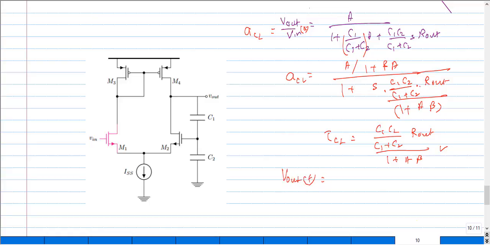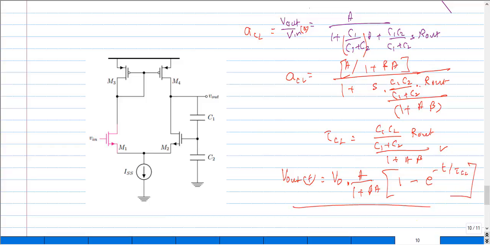Vout of t is the step input magnitude, if it is V0, multiplied with the DC gain of this quantity. I can take this result, which is A upon 1 plus beta times A, and I need a forced minus the natural response.